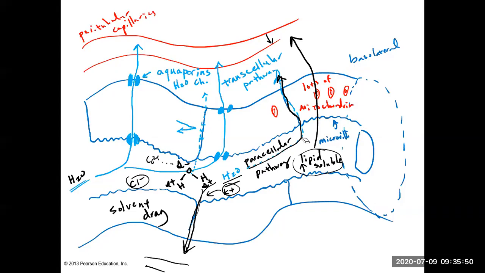So two pathways: the paracellular pathway and the transcellular pathway, the differences and what is being transported. Now, the major idea: why is the water going to the other side? Because the other side has higher solute. Outside of the tube always has higher solute than inside of the tube.